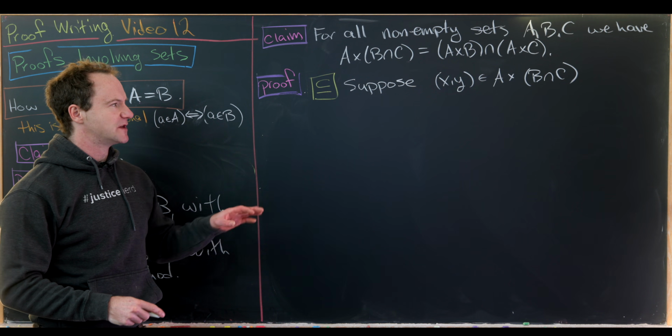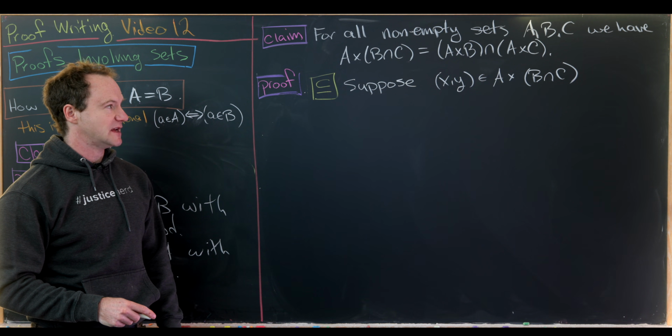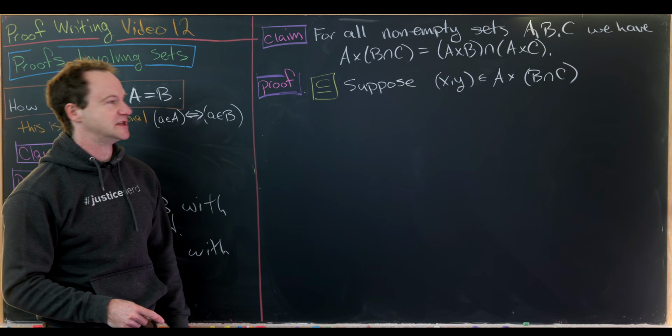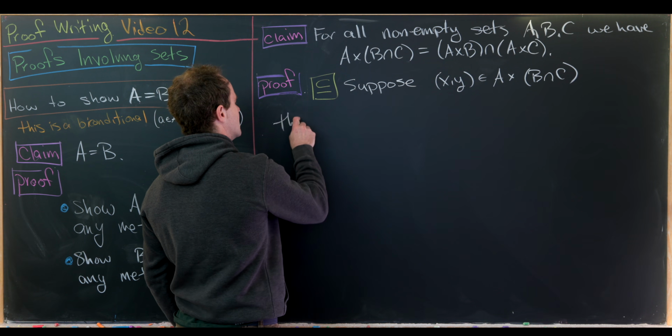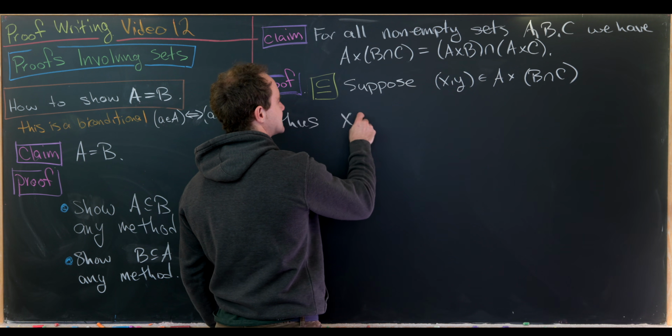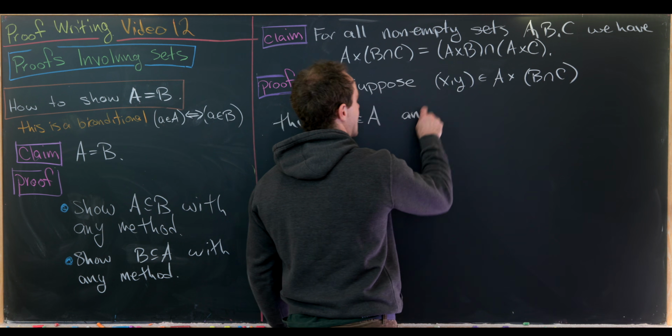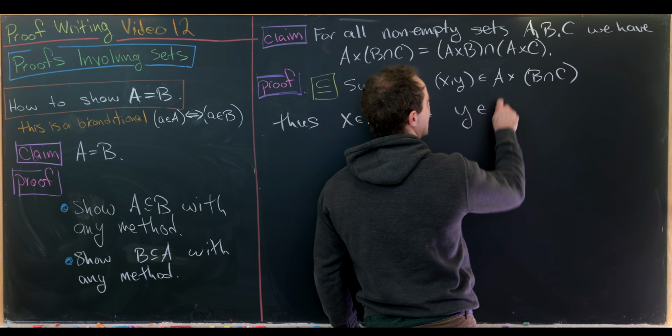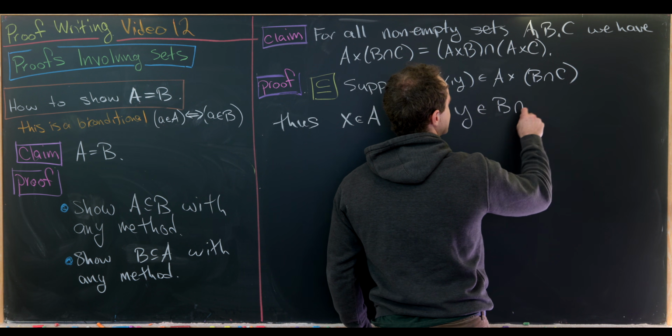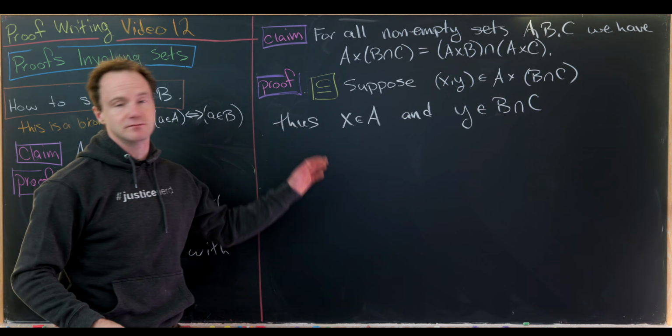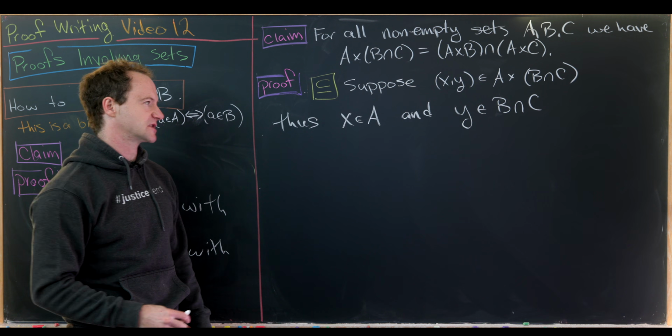Okay, but now let's strip this away into what it means for an ordered pair to be in a Cartesian product. And so that means that x is an element of A and y is an element of B intersect C. Great, so like I said, that's what it means to be in a cross product.